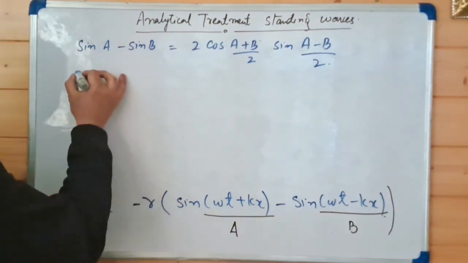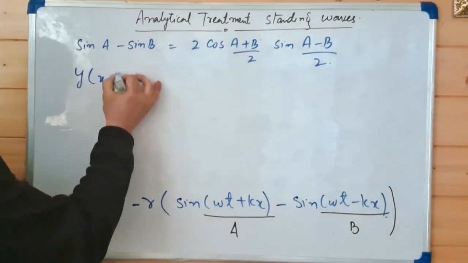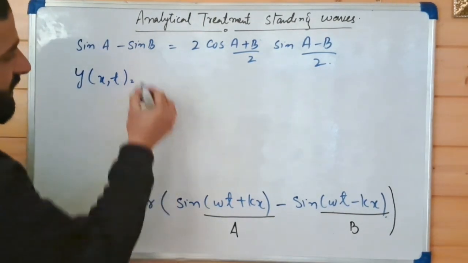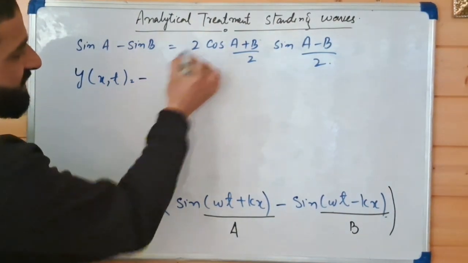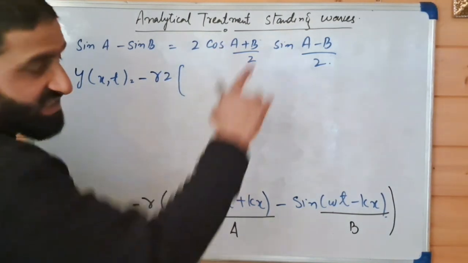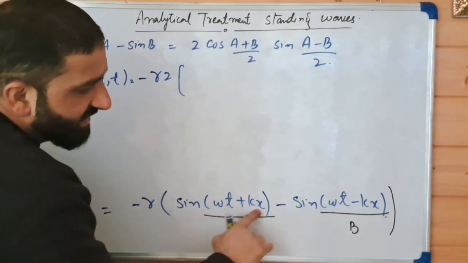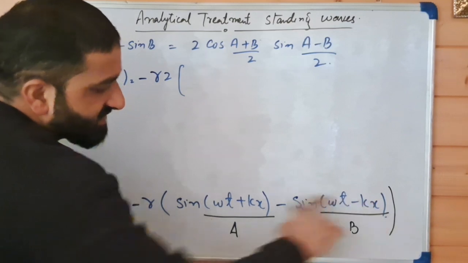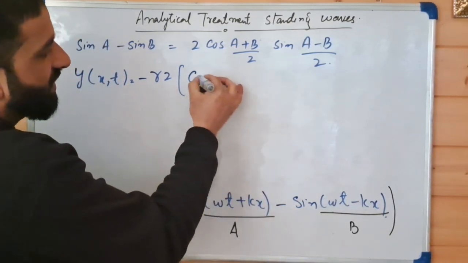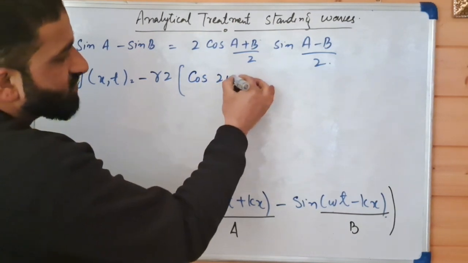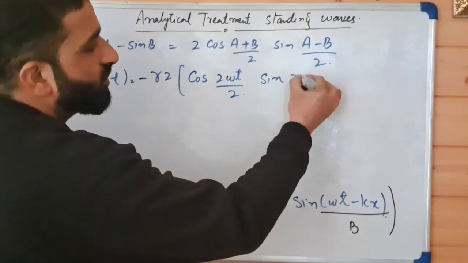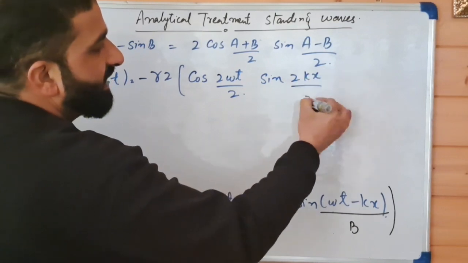So here y(x, t), that is the superposed wave or stationary wave, is equal to minus r and 2 into (A plus B) divided by 2. So omega t plus kx plus omega t minus kx, kx and kx cancel out. It is cos of (2 omega t) divided by 2 and sine of (2 kx) divided by 2.